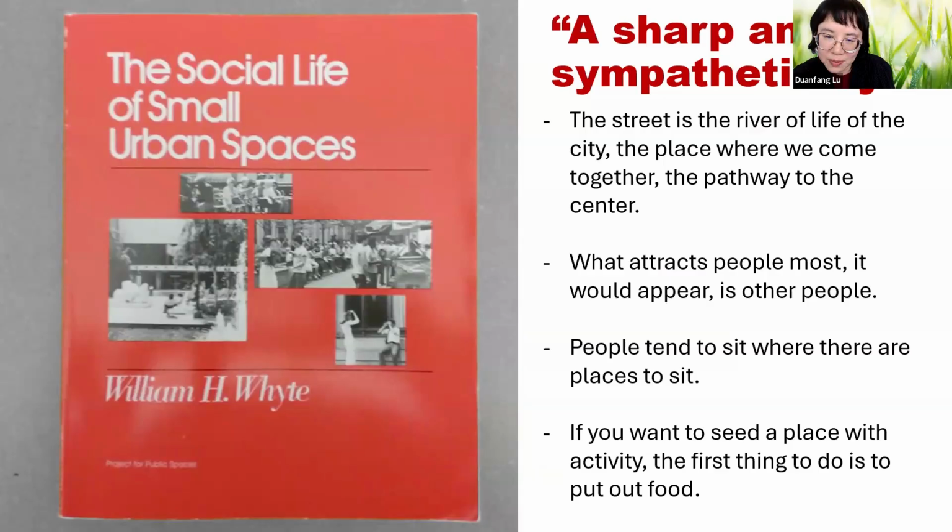For example, he found that the street is the river of life in the city, and people might be attracted to a particular place by other people, by a good place to sit. For example, shaded seating could be a very attractive element. And people like food as well.